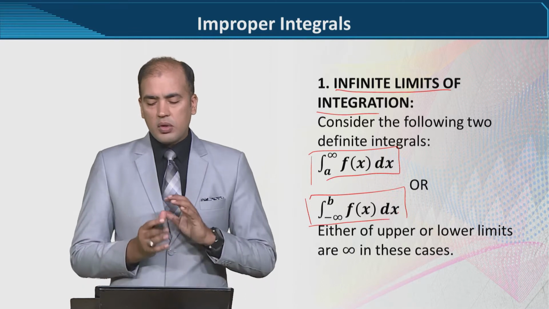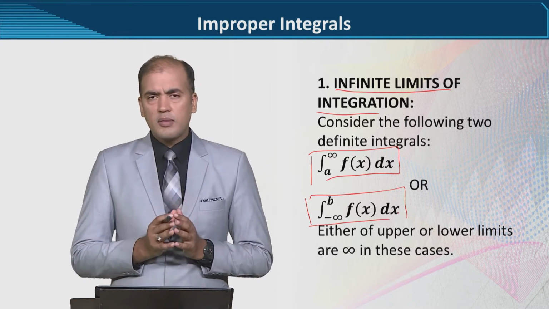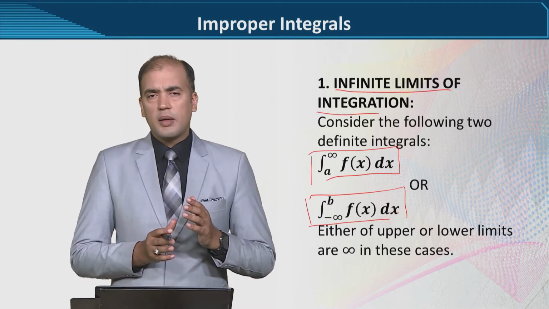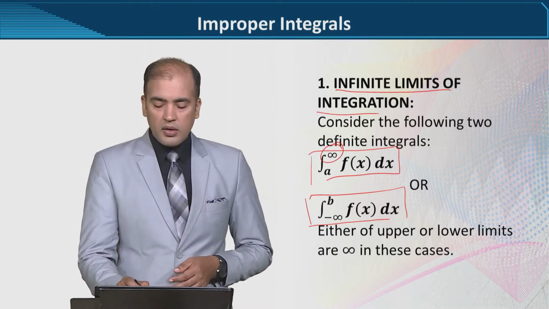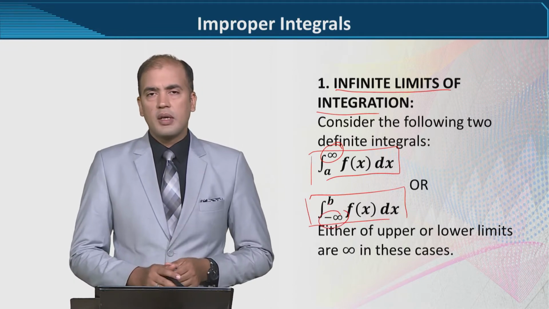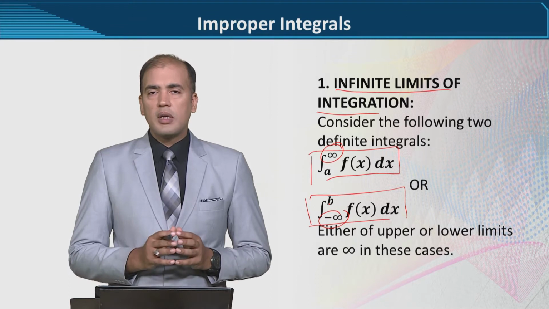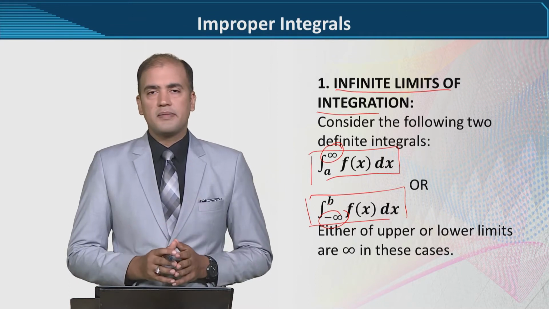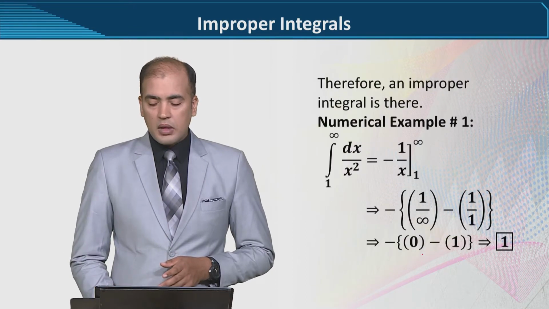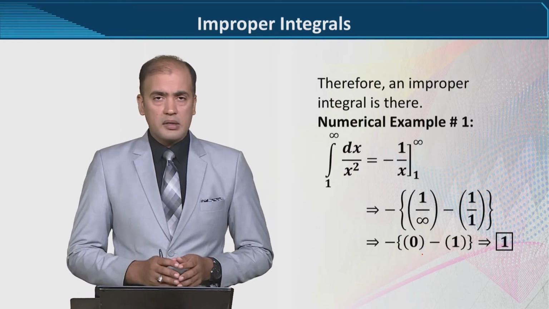In both of these examples, you can observe one common thing: you can see infinity in either the upper limit or the lower limit, either with a plus sign or with a negative sign. So there will be infinity in either of the limits. Now we are going to see a numerical example of that.